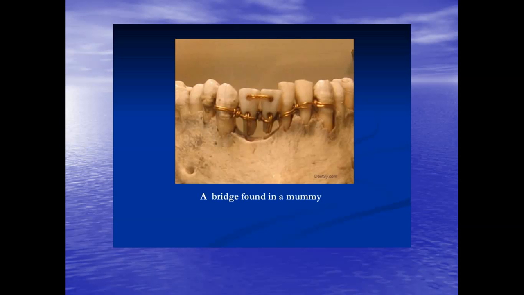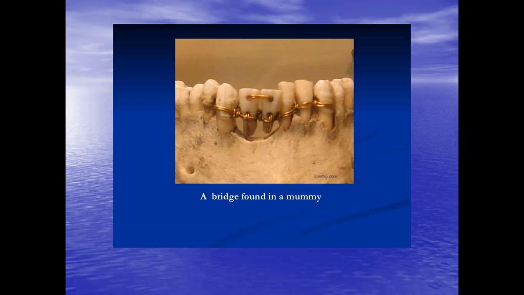So, people were losing teeth from the ancient time, and there was an idea to replace the missing teeth which also exists for a number of years, like the example what you see on the slide.